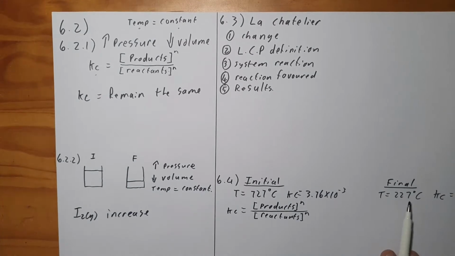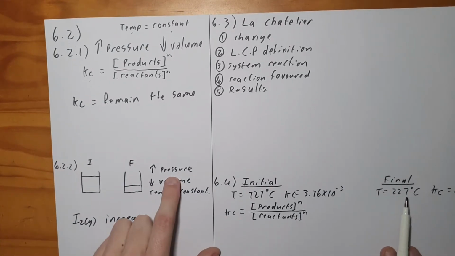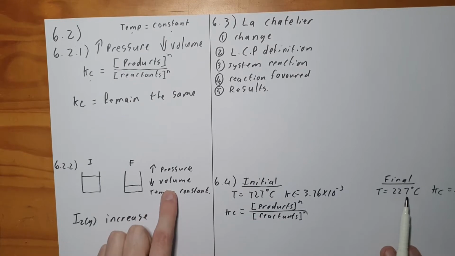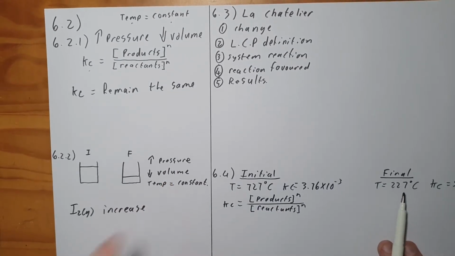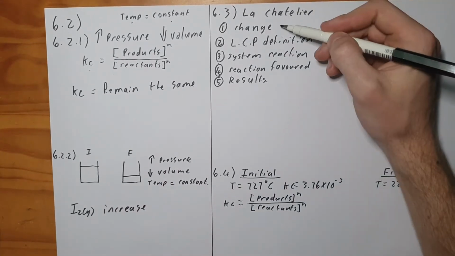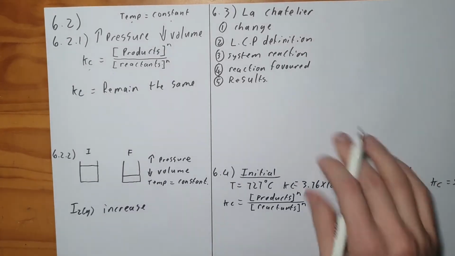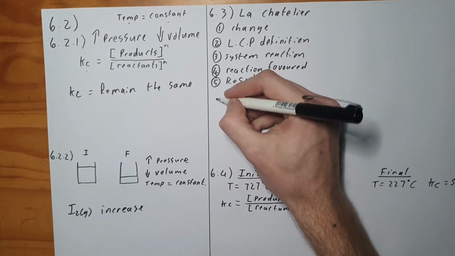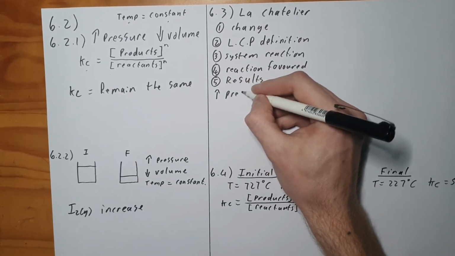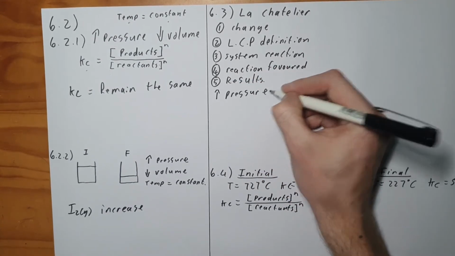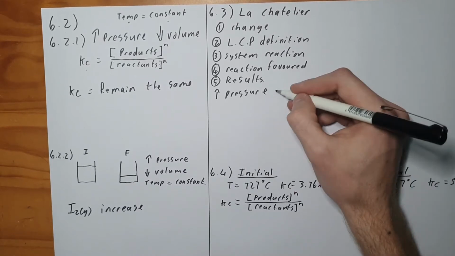Because we've increased the pressure and decreased the volume, the change in the system is going to be an increase in pressure. So the first thing I'm going to state is that there's an increase in pressure. This is number 1.